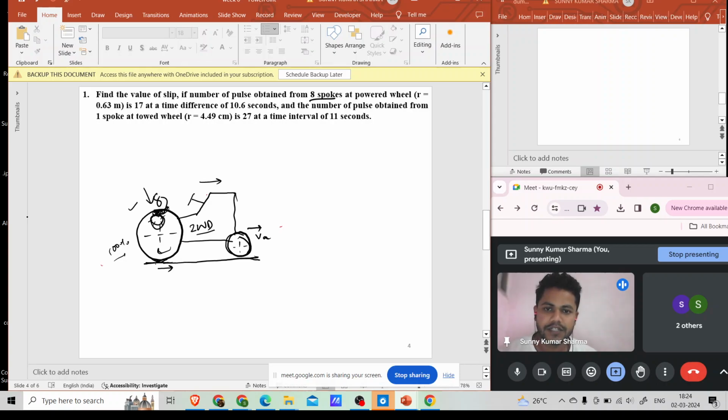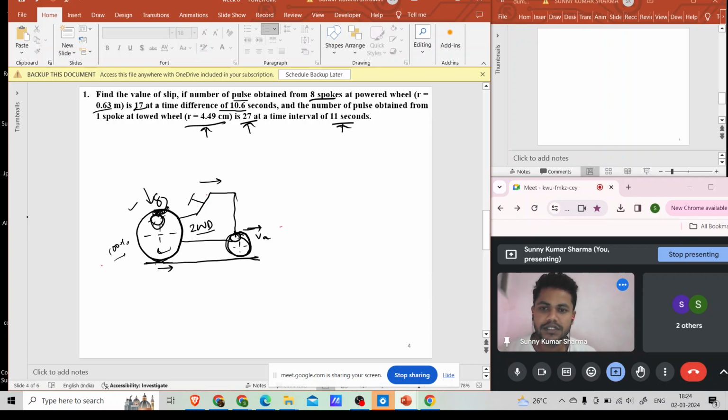So we have 8 spokes in the power wheel, and the radius of this wheel is 0.6 meter. The number of pulses generated is 17 at a time difference of 10.6 seconds. And the number of pulses obtained from one spoke, only one spoke is attached in this plate, for calculating the actual velocity, is 27, with a time interval of 11 seconds.